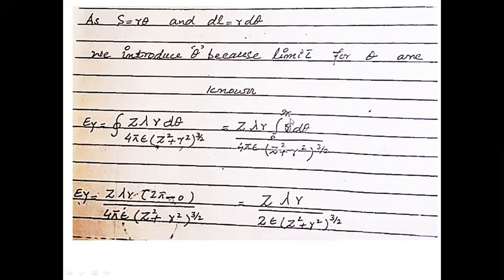Integrating this, θ with limits 2 pi minus 0, and 4 pi epsilon, this whole thing as it is. So we will get z lambda r, this 2 will cancel out with this 4, so we will be left with 2. So z lambda r over 2 epsilon (z square plus r square) to the power 3 by 2.